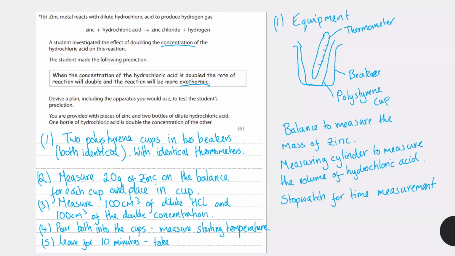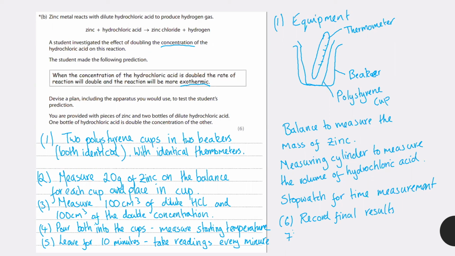Take readings every minute. Number 6: record the final results.